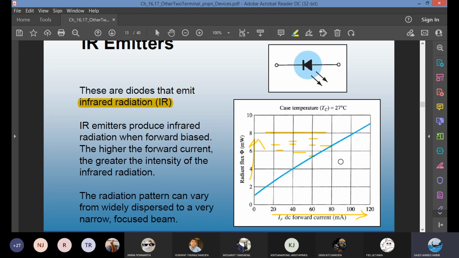So many applications: remote control, card reader, intrusion alarm. So in the alarm system that I just drew a conceptual case, the beam can come from the IR emitter as well. It doesn't have to be laser. It can be infrared beam. There is something, I don't know if people still use it. It's called paper tape reader. IR emitter is used for that.